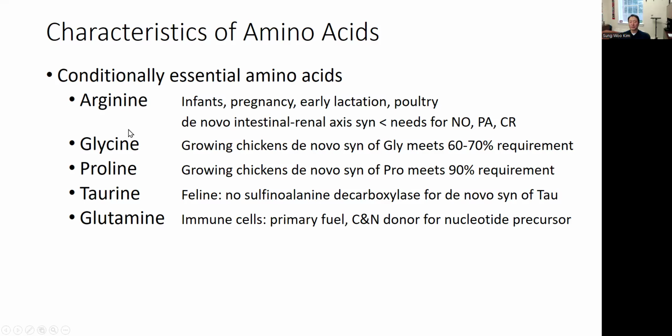Glycine and proline are known to be nutritionally essential for growing chickens because even though proline and glycine are made in the body of chickens, their needs for protein synthesis during growth become a lot greater than what chickens can make in the body.